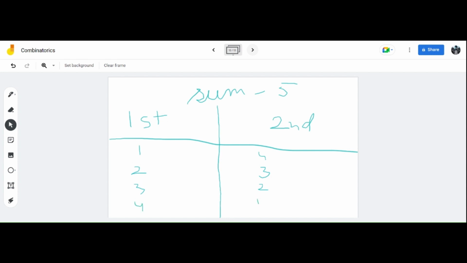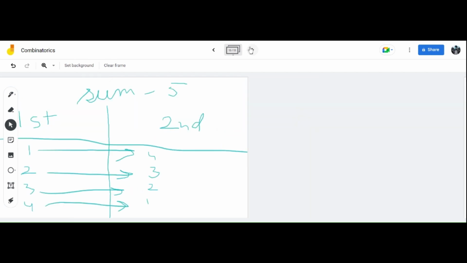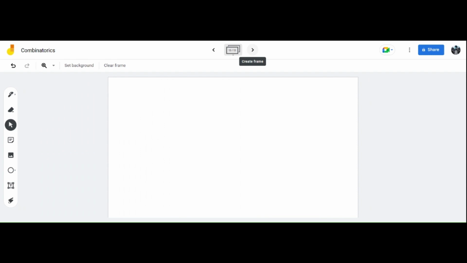So there will be 4 ways, right? And we'll just record this 4 ways for 5 sum, right? And we can also say that there will be how many ways for the sum of 4?